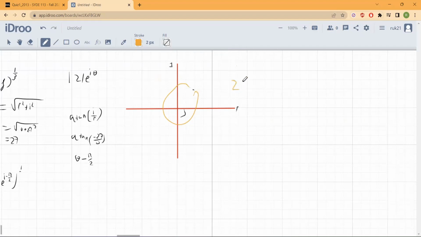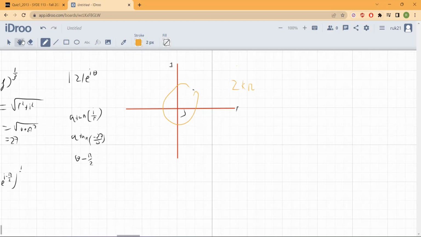And the reason it's 2k pi is because you can make as many loops as you want. So k just represents, in essence, how many circles you're making. So if k is equal to 1, that means you're making 1 circle and you're ending up back here. If k equals 2, you're doing 2 circles and ending up back here.